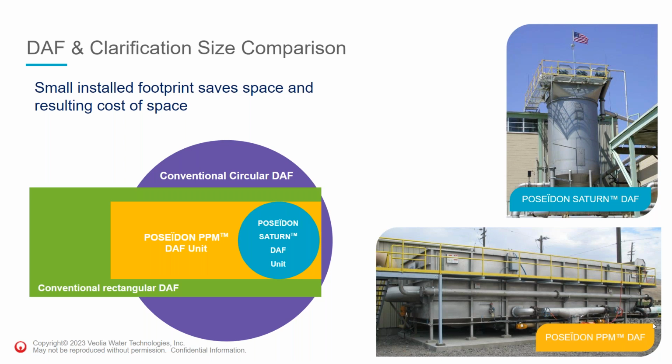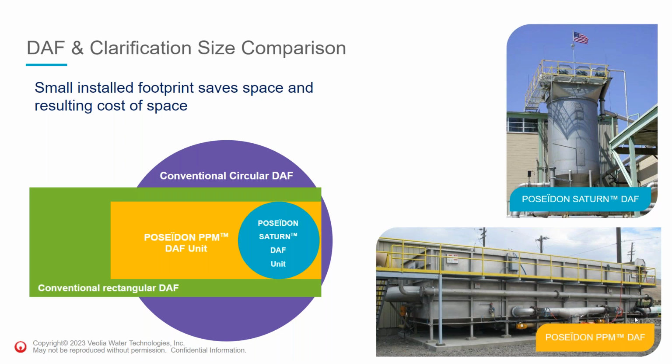And so you can see with the colored diagram there on the left side, conventional circular DAF clarifiers, which were like large flat pancake type units, tend to take up a lot of space, and that was the conventional type of technology in the recycled deinking plants. Rectangular units also tended to be quite long.